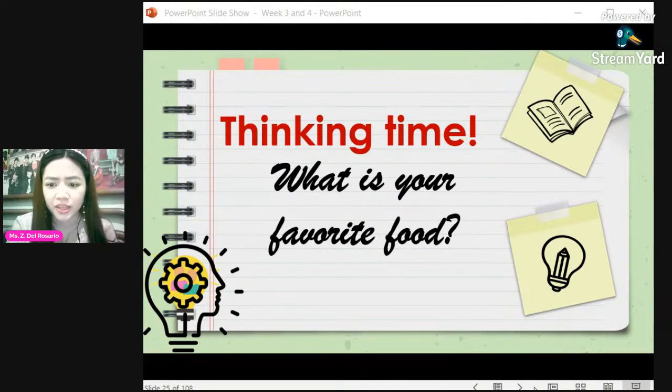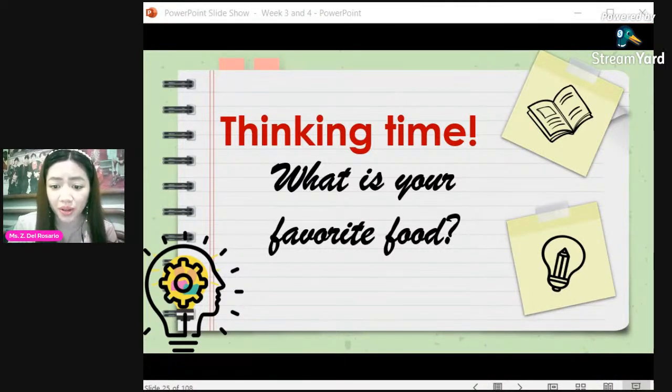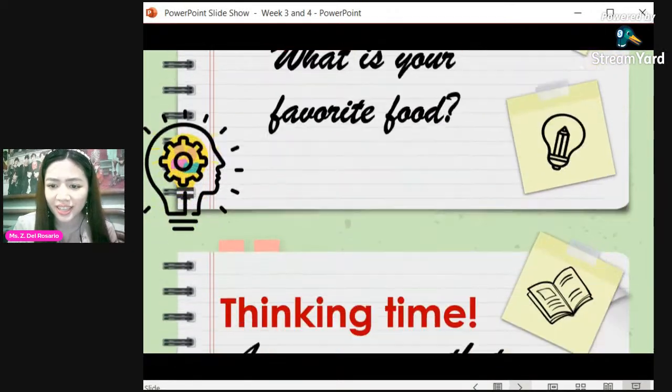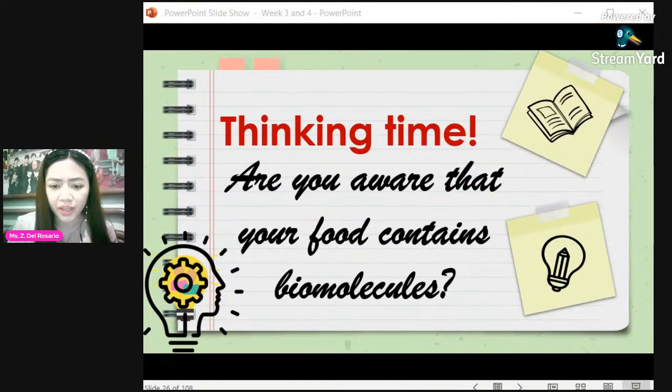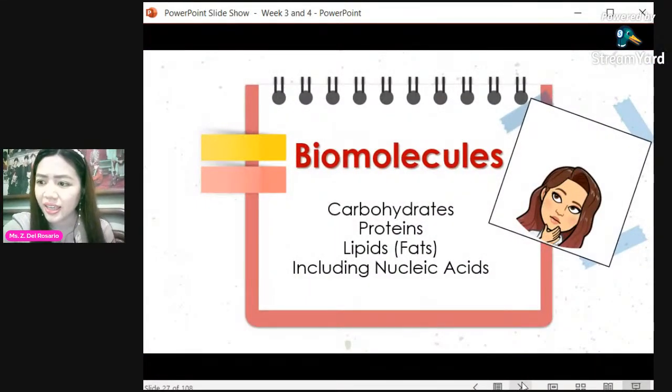There you go. So in these favorite foods that you're mentioning, are you aware that your food contains biomolecules? These foods that you're mentioning right now really do contain different biomolecules, just like carbohydrates, proteins, lipids, fats, and we will also be including nucleic acids.